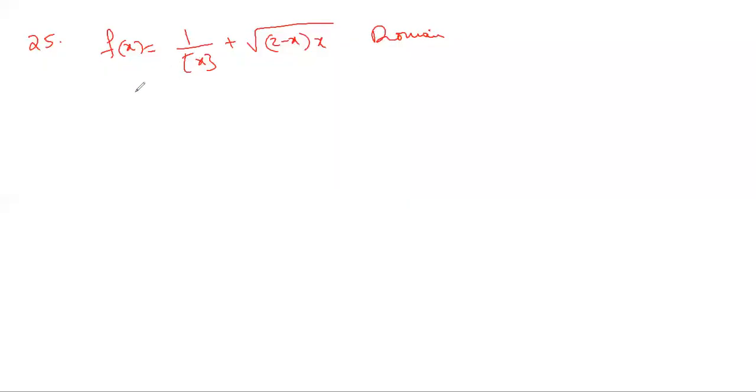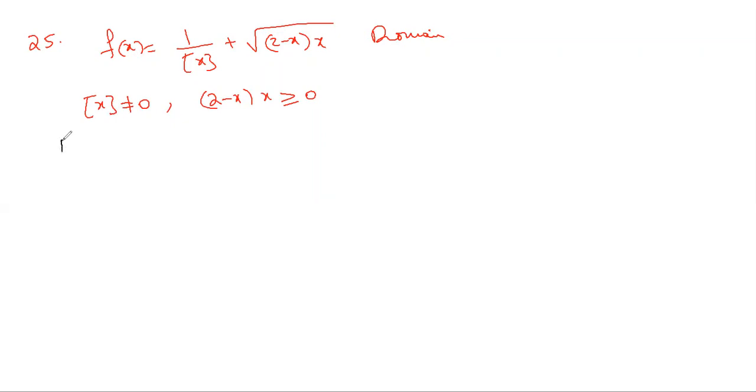So to find the domain of this, we have two conditions. The first condition is the denominator not equal to 0. The second condition is 2 minus x into x under root expression should be greater than or equal to 0. To solve this condition, if you remember, we had one full class in one of the Saturdays about modulus inequalities.